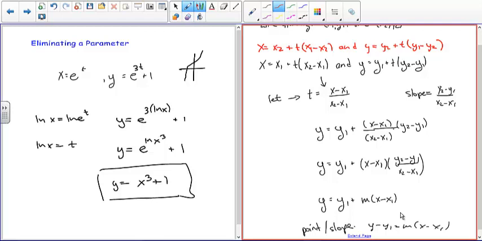So this is the rectangular form, and that's the parametric form. Given two points, the one advantage of the parametric form is I don't have to calculate the slope at all. I can just use these equations directly.